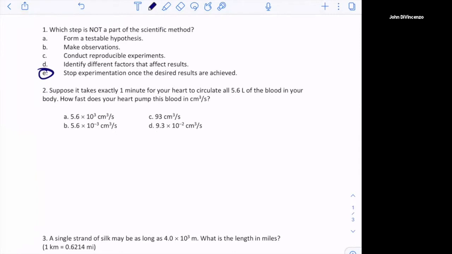So, first of all, someone tell me what a cubic centimeter is equal to in a volume unit of liters. How many liters is a cubic centimeter? Who said that? What is it? 10 to the minus 3, right?